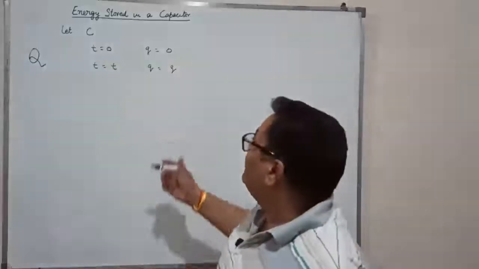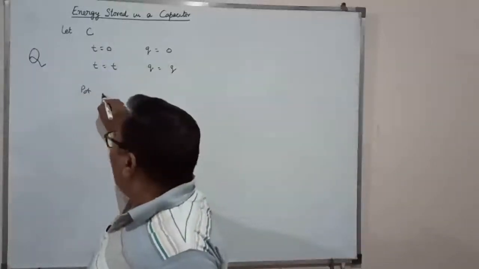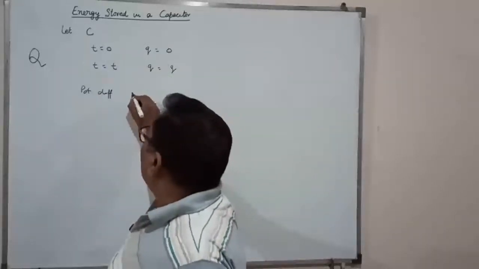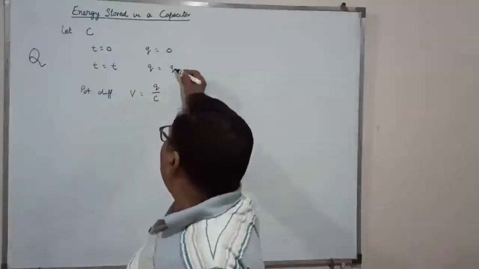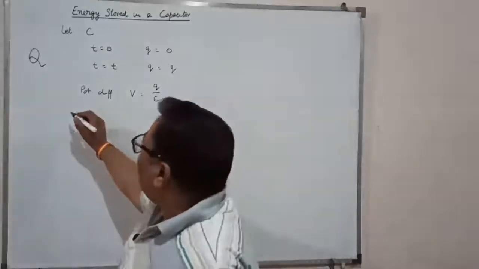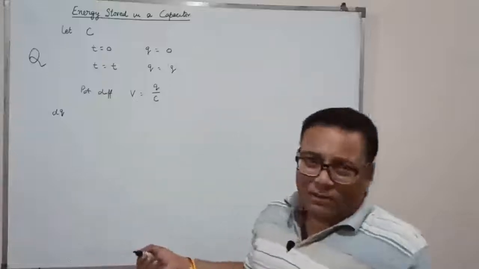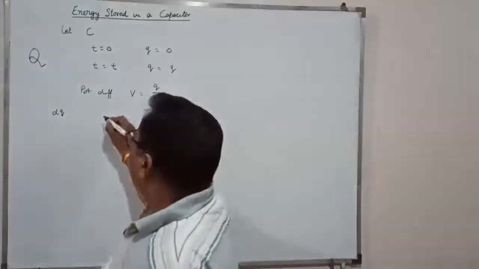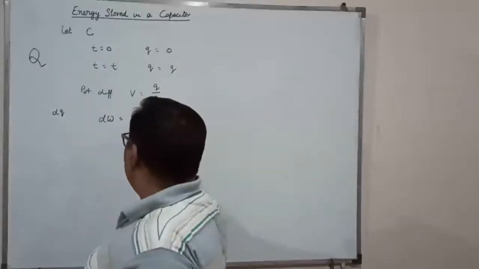Then what happens? The potential difference across the plates of the capacitor is V equal to q by C at the time t. Now a small charge dq is given to the capacitor. The small work done in this process, dW, is equal to V dq.